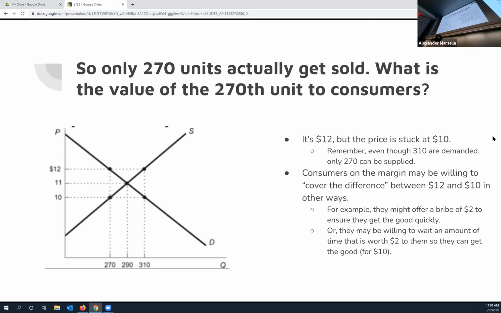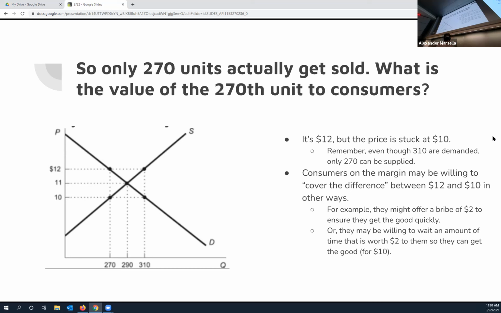So a consumer on the margin might be willing to cover that difference. That 270th good in the market is worth $12. We can only pay $10 for it because that's what the law says. Maybe we'd be willing to cover the difference. Maybe I'd be willing to bribe the store clerk or bribe a politician to make sure I can get the good. The amount of the bribe would be the difference, $2.